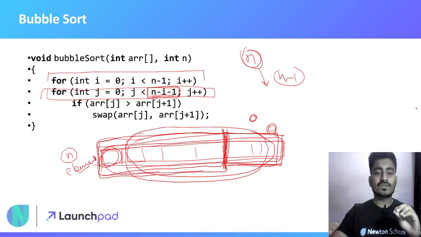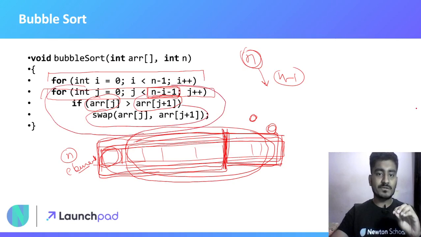So we are doing the iteration for this much of array, and we will simply check that if two adjacent elements are not in correct order, we will swap them. So in this one iteration, we are bringing the ith element to its correct place, and then we will do the same for this much of array.